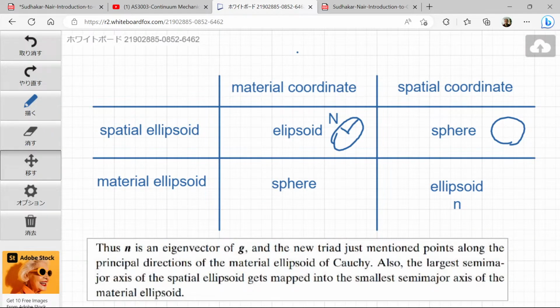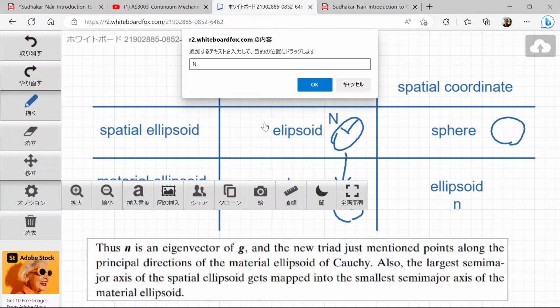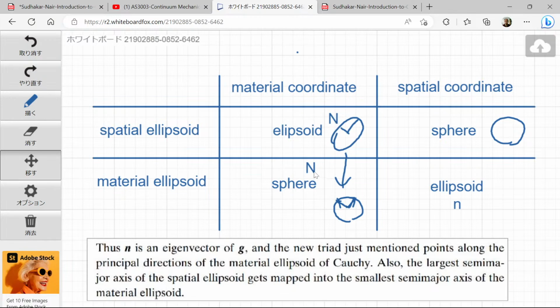You consider a sphere here, but the same n, we consider the same n as this. Then we go this way.